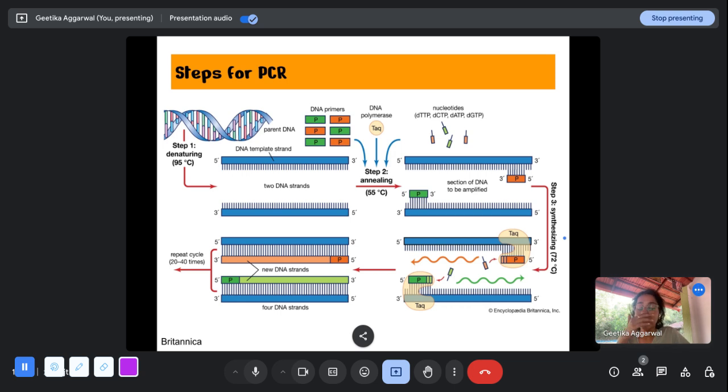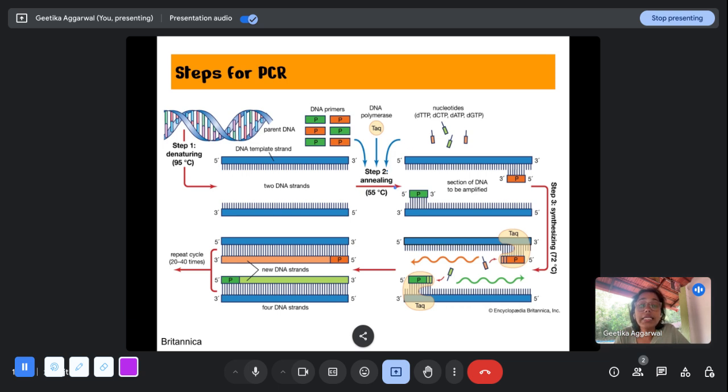In the first step, denaturation, you increase the temperature to about 95 degrees Celsius. The double helical, double stranded DNA gets separated into two single strands. And as we discussed, we add the DNA primers, we add Taq polymerase, and we add these dNTPs.